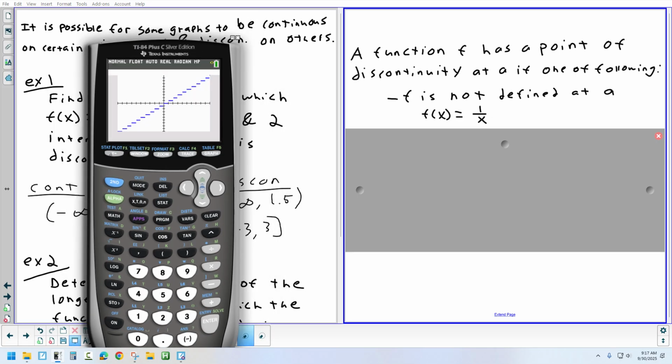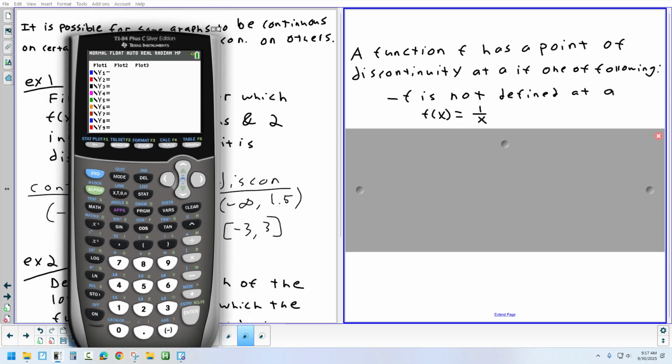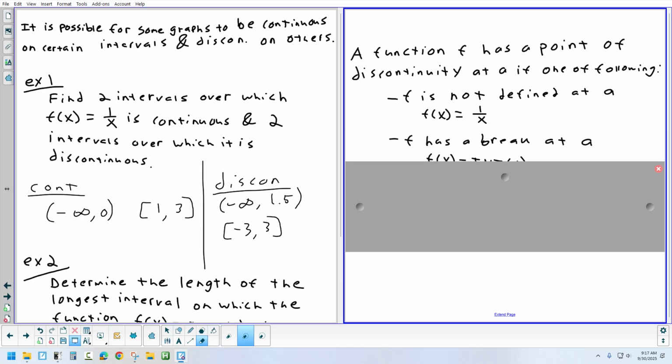Sometimes it's very obvious to see, like this: 2 divided by x minus 3. X can't be 3. So when you get to 3, you can see very clearly it doesn't connect. Okay? So that's one way you can get a discontinuous function.